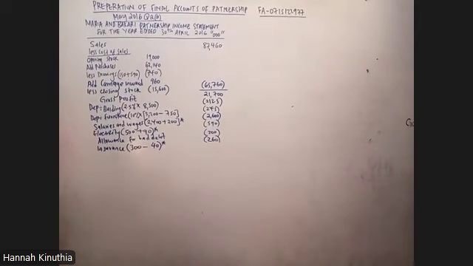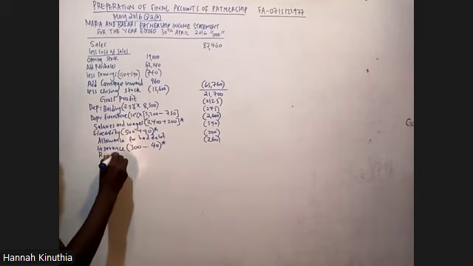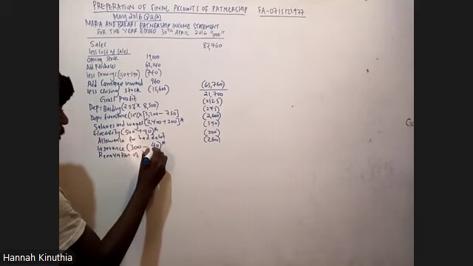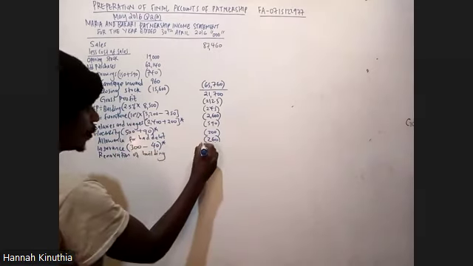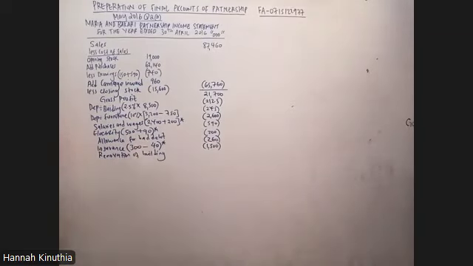You have renovation of building. What do you think? That is an expense, 1,500. So I incur an expense of renovating a building of 1,500.